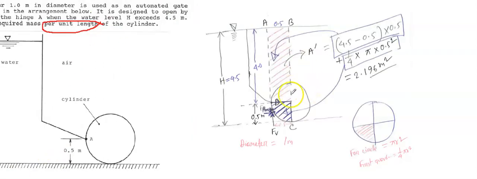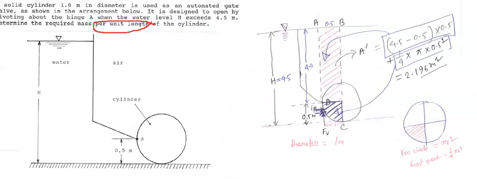So at first let me draw this figure. This is the cylinder, and this is A. This is D, because I actually created some imaginary section for this case. You can see the height is 4.5 and this is the free surface.